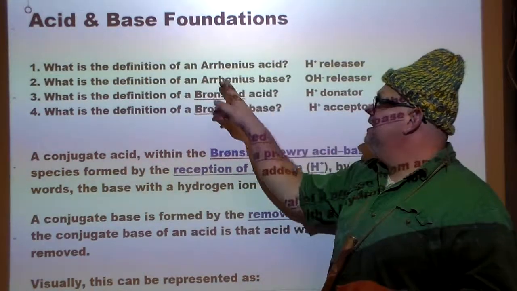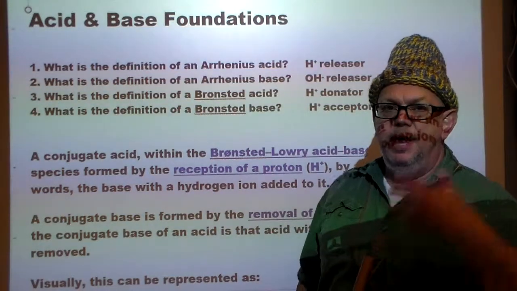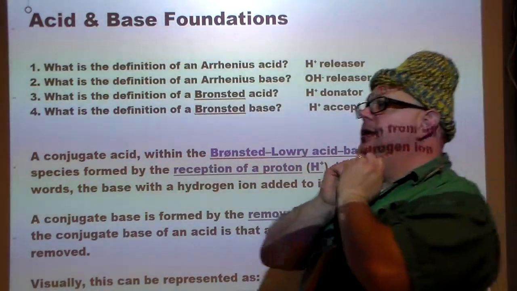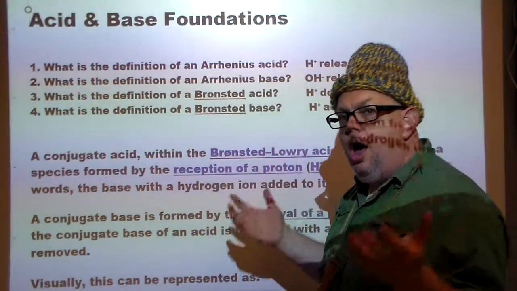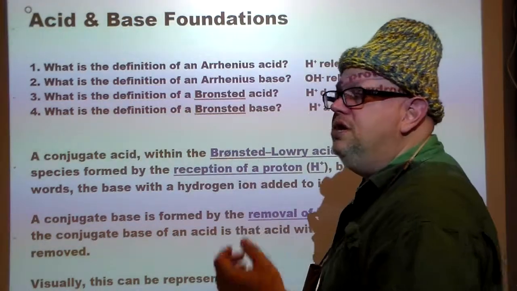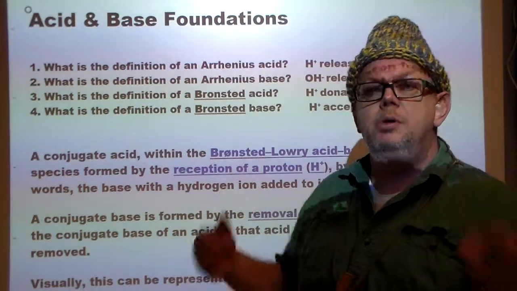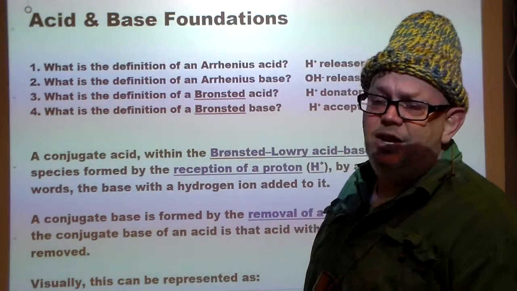Arrhenius acid and Arrhenius base are releasers. They give something. An Arrhenius acid is a hydrogen releaser. It gives off hydrogen ions. You could look at that as protons, that they release protons, because hydrogen pretty much is a single proton. Usually it doesn't have its electron.